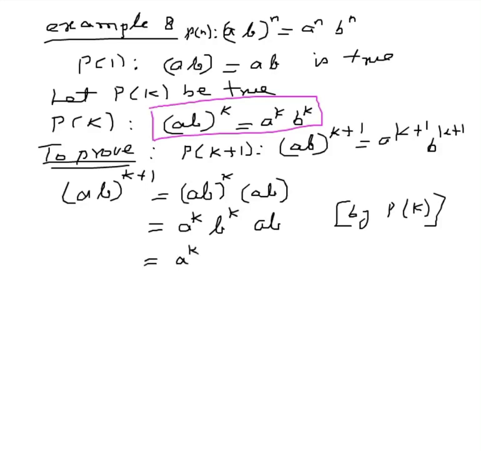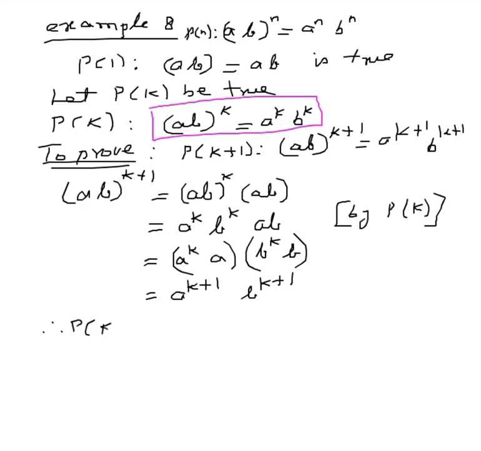Now this is a power k times a into a and b power k into b. That is, we are using associative property. These are ordinary multiplication, so we can interchange and write, does not matter. This becomes a power k plus 1 and this becomes b power k plus 1.